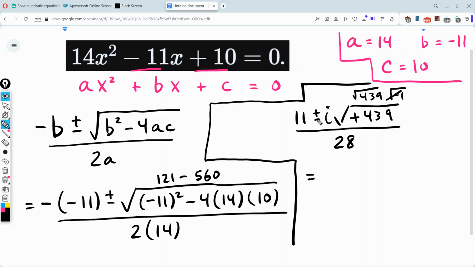So remember, when you're adding or subtracting over a common denominator, each one of those is over the denominator. So we have 11 over 28, plus or minus radical 439 over 28 times i. And that's it right there.